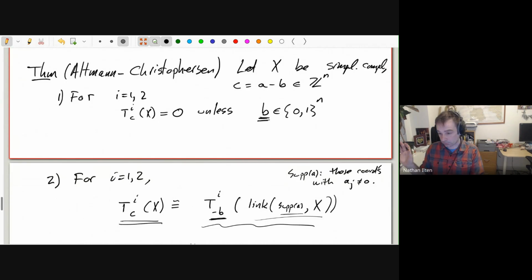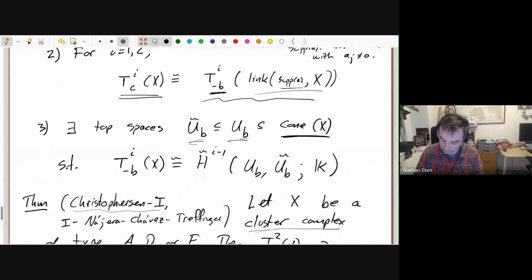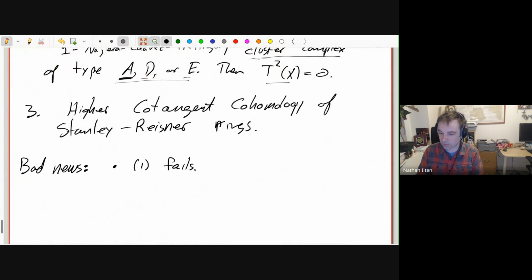And so using the tools that I'm going to discuss in a couple minutes, Andrea and Francesco and I are able to compute cotangent cohomology for many simplicial complexes, at least in cohomological degrees 3 and 4. In particular, take the following example: the simplicial complex consisting of these 3 vertices with no edges and no higher dimensional simplices.